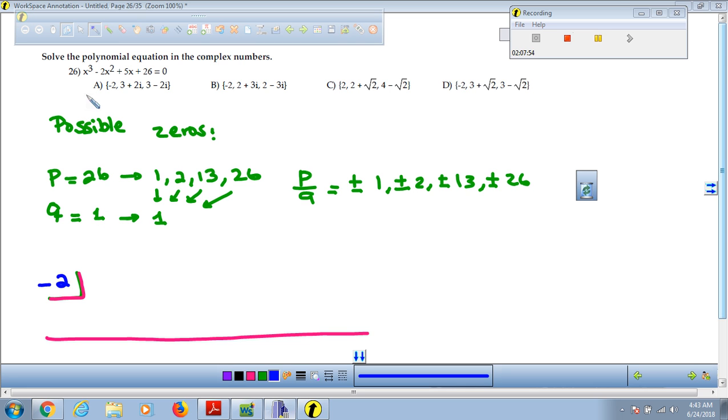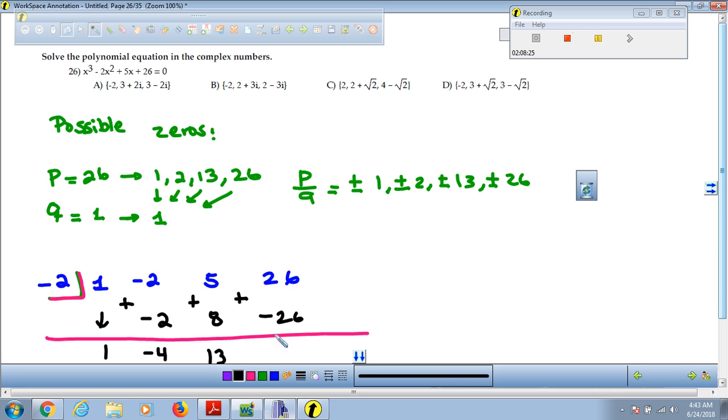So then here inside I copy the coefficients 1, -2, 5, and 26. So I bring down the 1, -2 times 1 is -2, -4, +8, and I multiply this 2, this is going to be 13, -2 times 13 is -26, and I get 0.